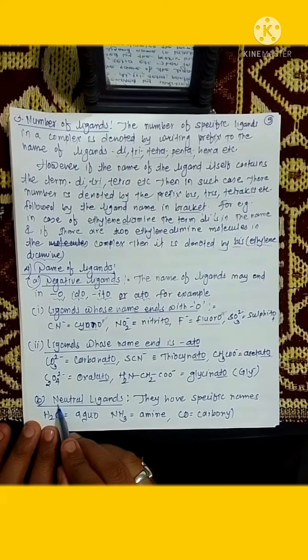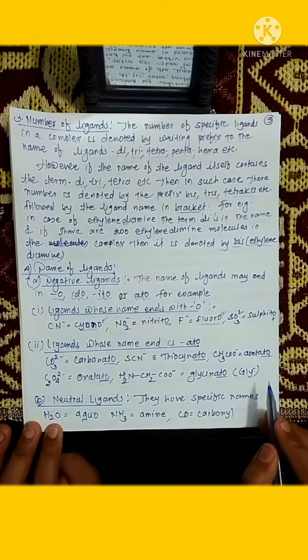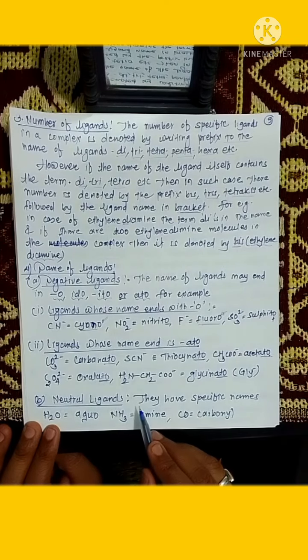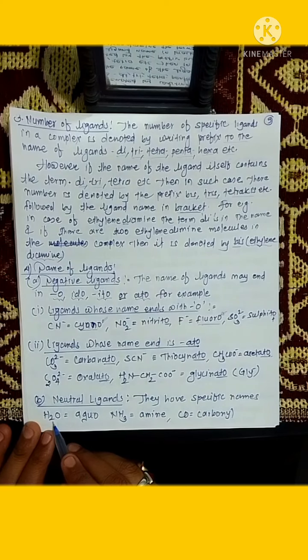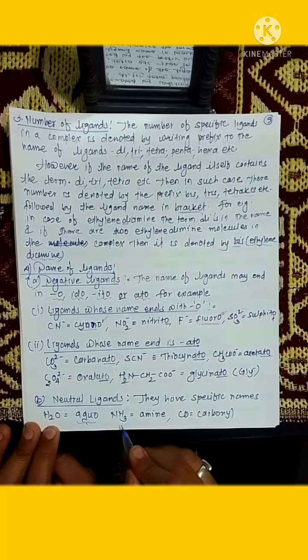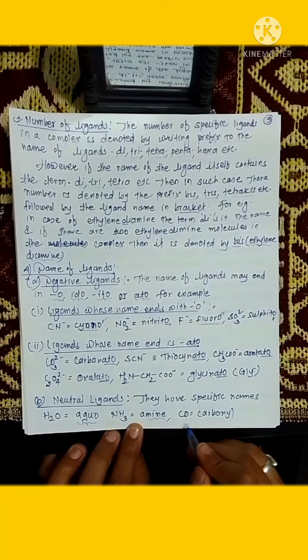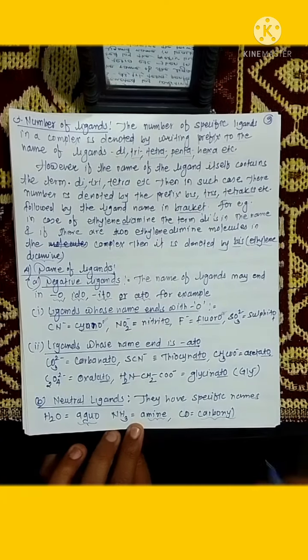Now we are going to see how the name of a neutral ligand is written. Neutral ligands have specific names. You cannot write water H2O as water in a complex; we have to write H2O as aqua always, NH3 as ammine always, and CO as carbonyl always.